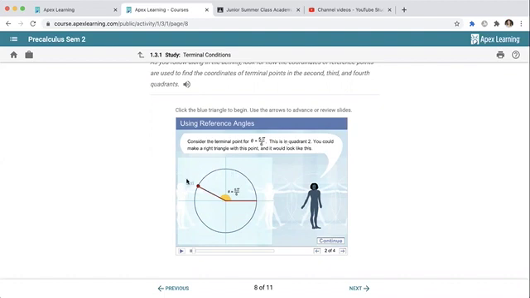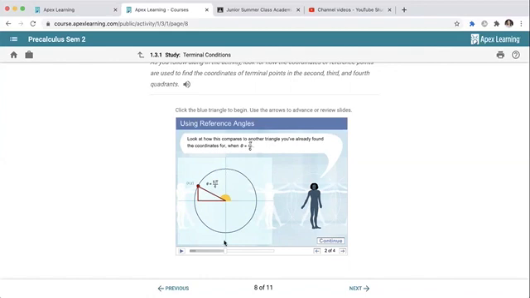We can still make a right triangle with the point. If we were to make a right triangle, it would look like this, and we would notice that it compares to another triangle that we know, which is pi over 6.